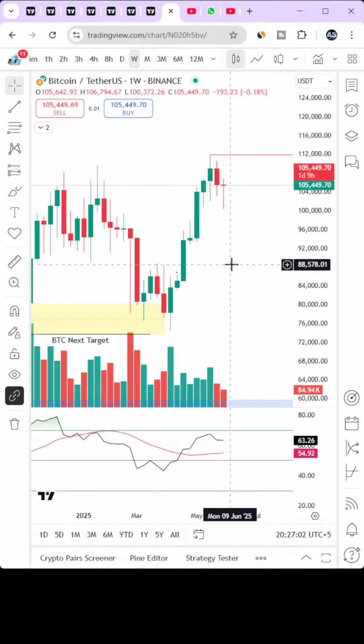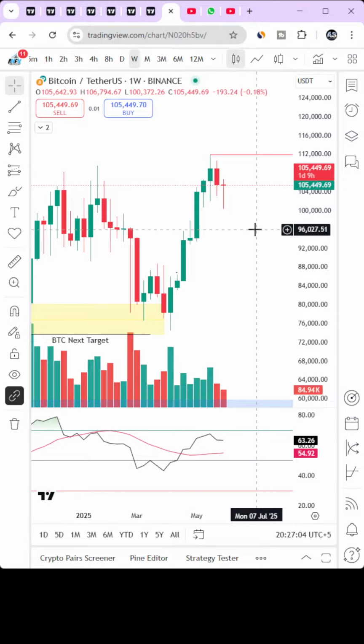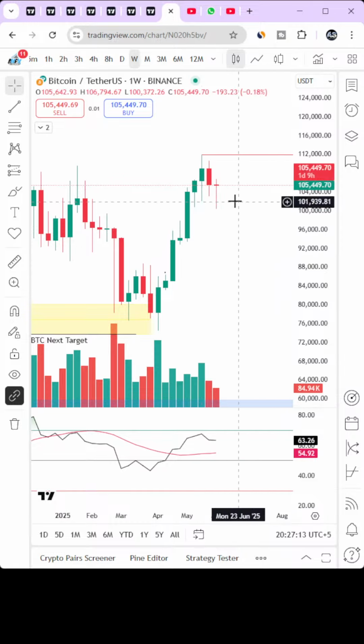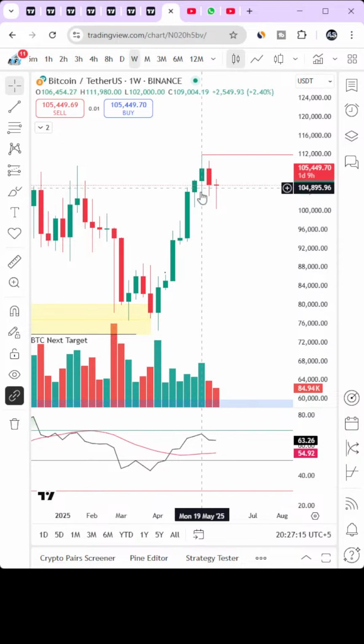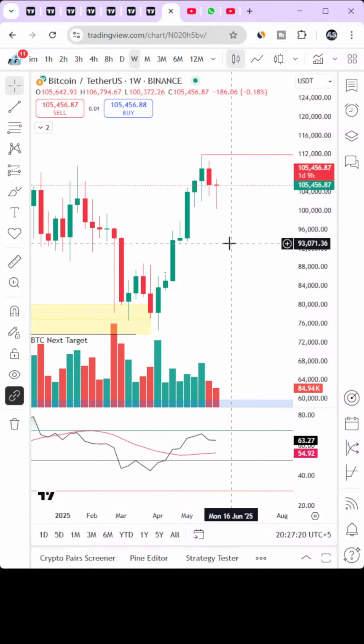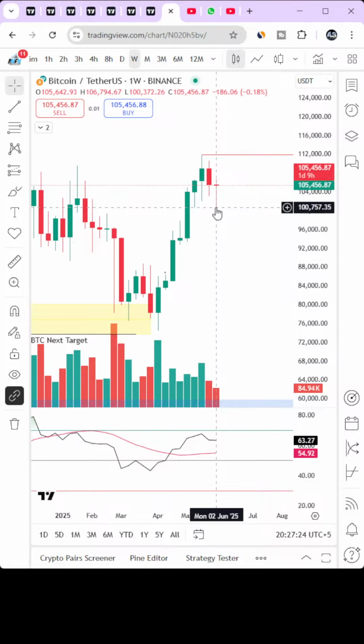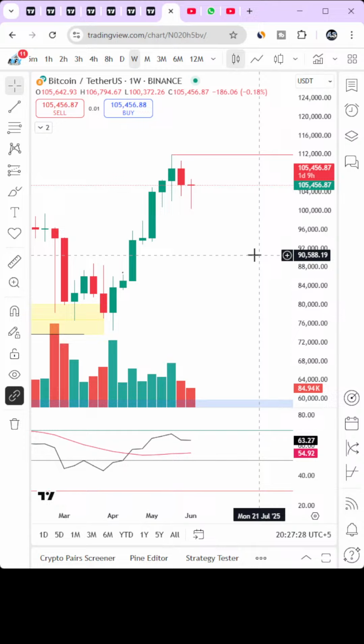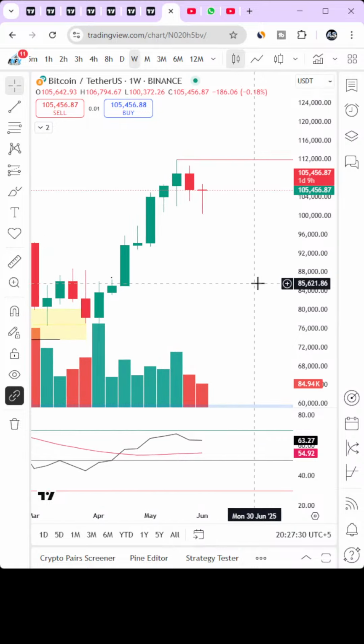The weekly candle is very weak according to the selling side. The whole week has passed, but the prices did not move to the sell side. The prices tried to move to the sell side, but the buyers pushed them to the upside. But what has happened here?